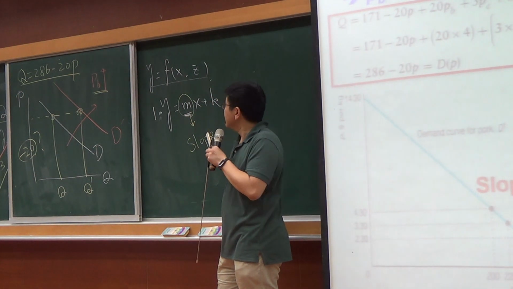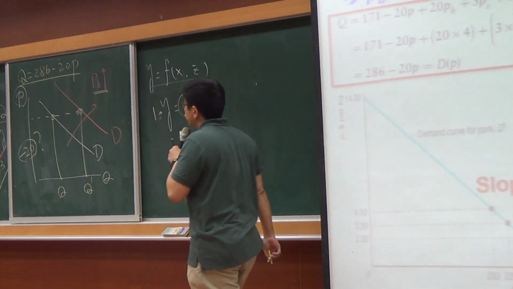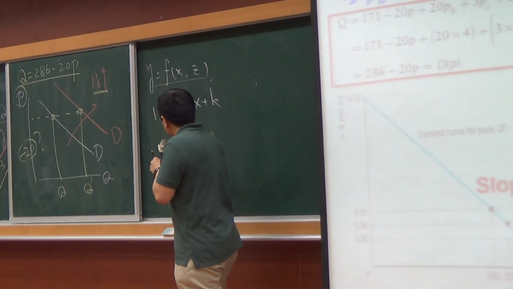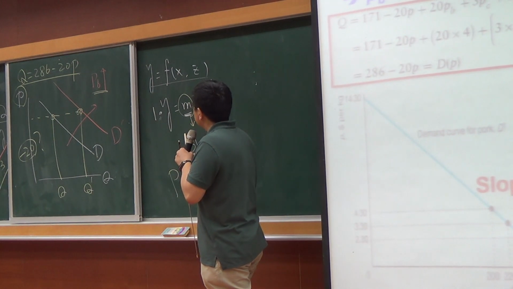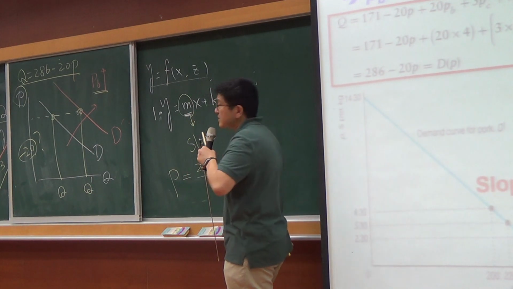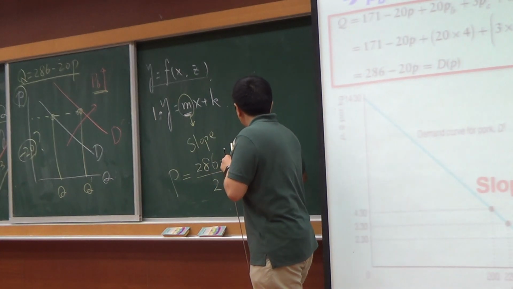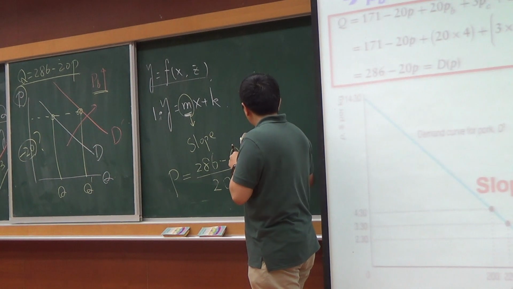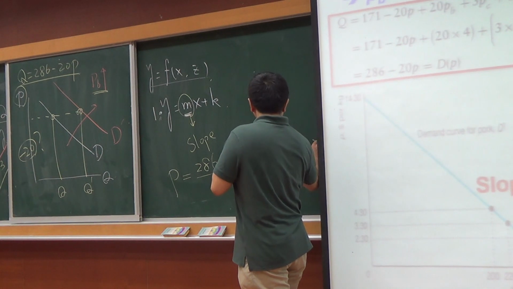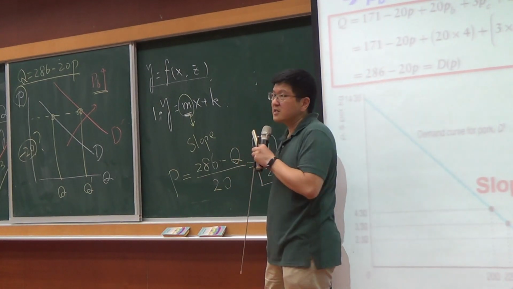In this case, P is on the vertical axis, so we should rearrange the relationship as P equals 14.3 minus 1/20 Q. So this is the slope.